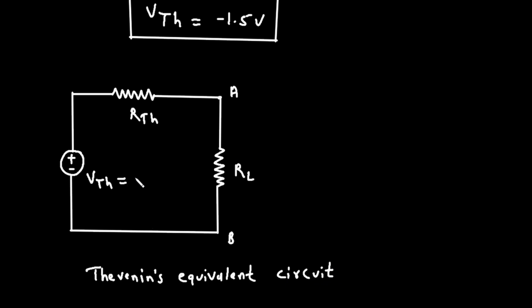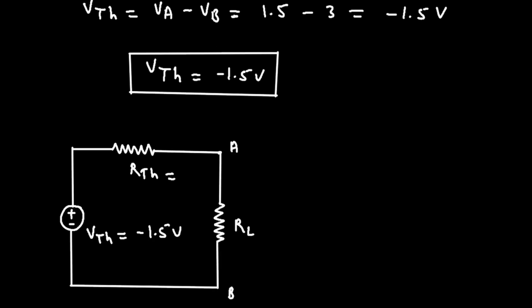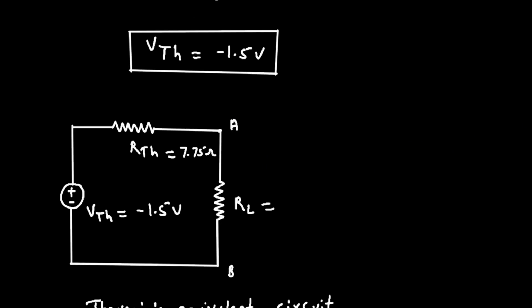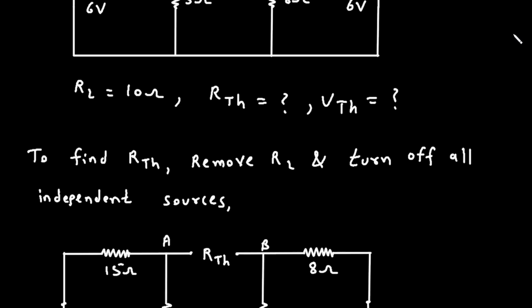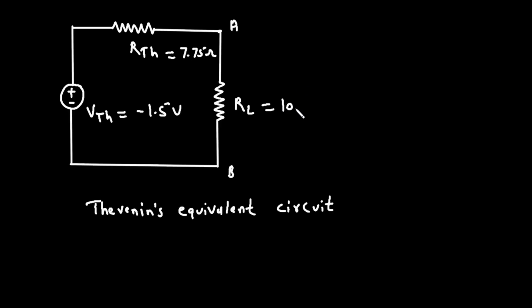What is the value of VTH? It is minus 1.5 volt. What is the value of RTH? RTH value is 7.75 ohm. And what is the value of RL? Here we can see the value of RL is 10 ohm. Now we have to find this current, and this current is IL.